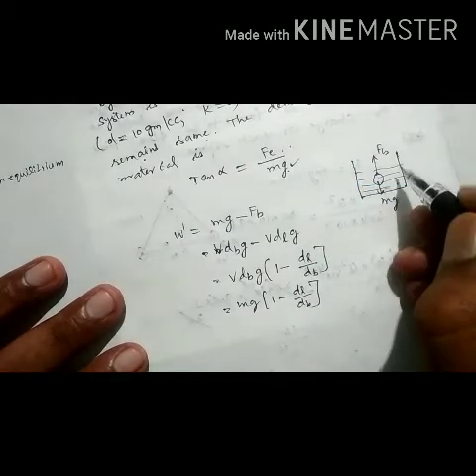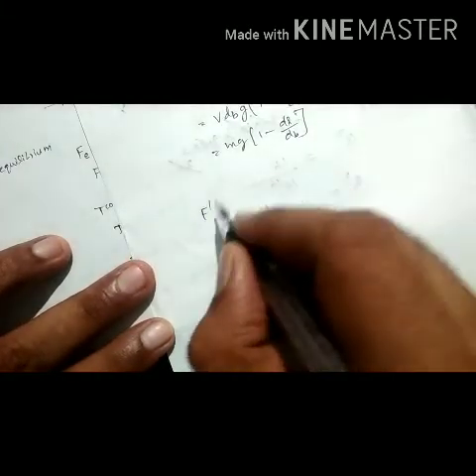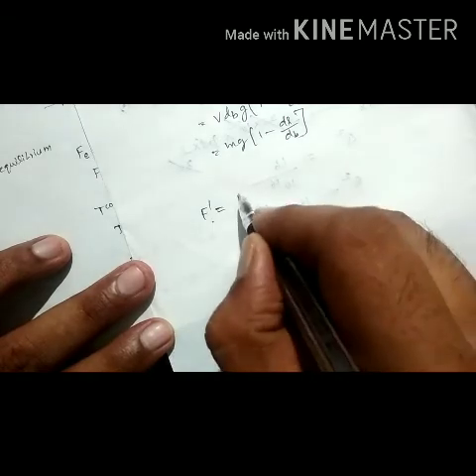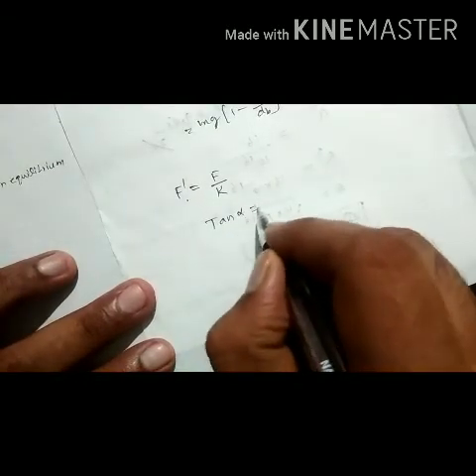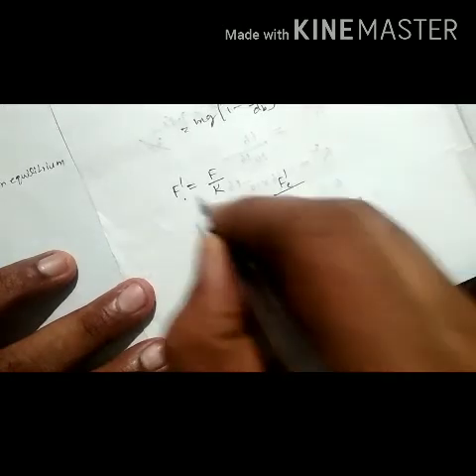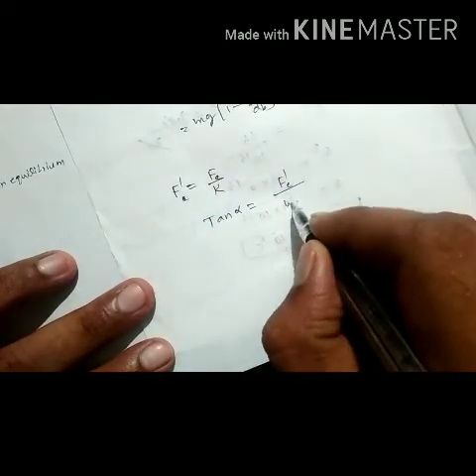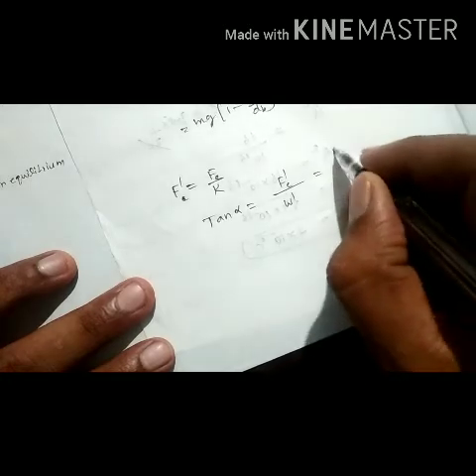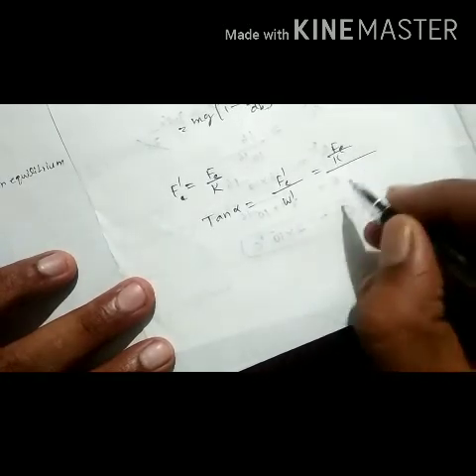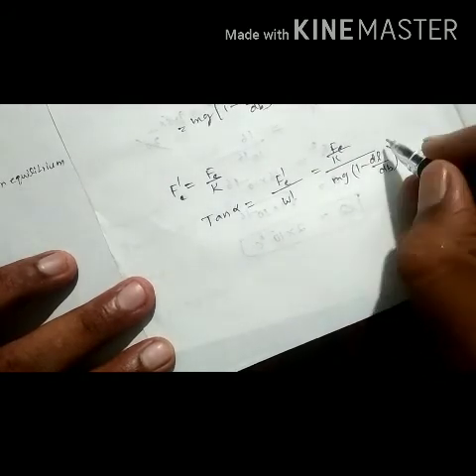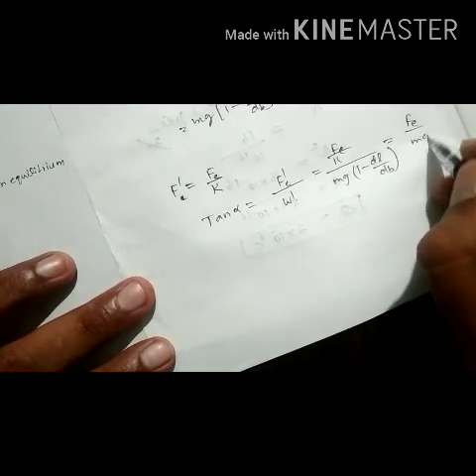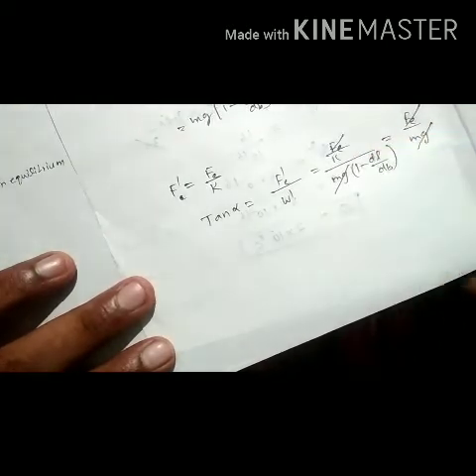If K is the dielectric constant of the liquid, then F dash, the force inside the liquid, is force in air by K. Now for this case also the divergence angle remains the same. So I can write tan alpha is equal to F dash_E by apparent weight, which is F_e by K divided by mg into 1 minus d_L by d_B, which is nothing but equal to F_e by mg. mg gets cancelled, F_e gets cancelled.